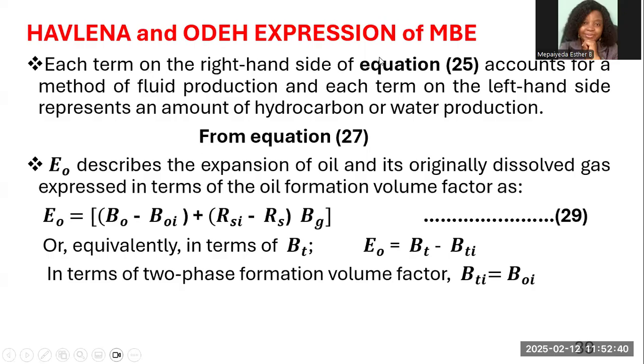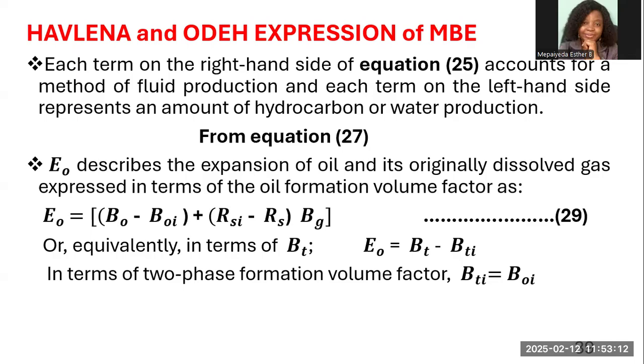So in the Havlena and Odeh expression of the MBE, each term on the right-hand side of equation 25 accounts for a method of fluid production, and each term on the left-hand side represents an amount of hydrocarbon or water production. I believe you understand that. The right-hand side accounts for a method of fluid production, that's the energy, and the left-hand side, that's your F, represents an amount of hydrocarbon or water production.